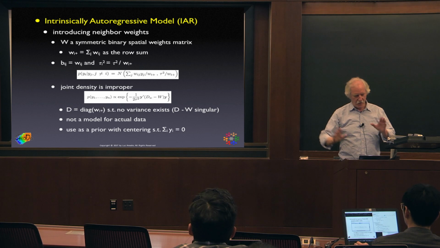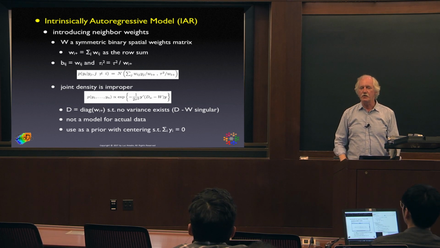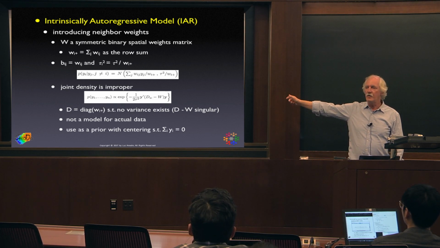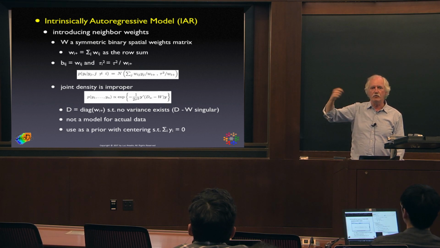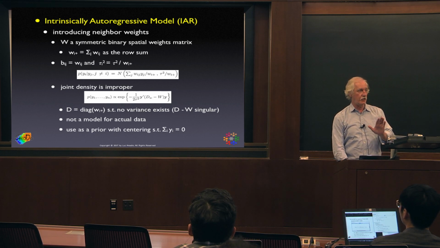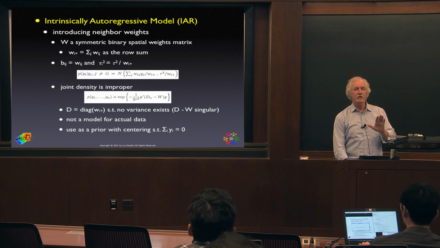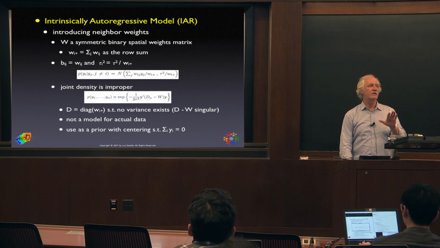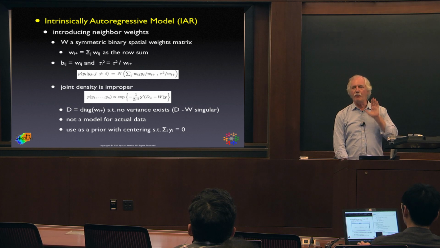So this is where we get off into the Bayesian world. Typically, this is done if you center the variables, so you make everything in deviations from the mean, and then you can do the sampling. But anyway, this is a term you will see in the literature, intrinsic autoregressive model for conditional spatial processes. What it means, in essence, is this is a model for priors in a Bayesian analysis.